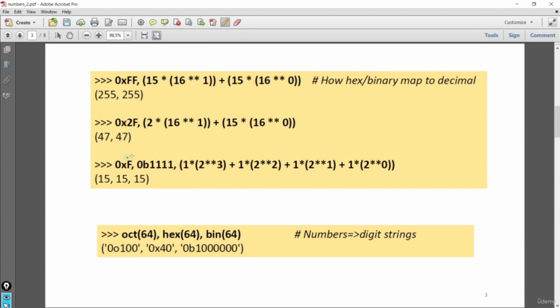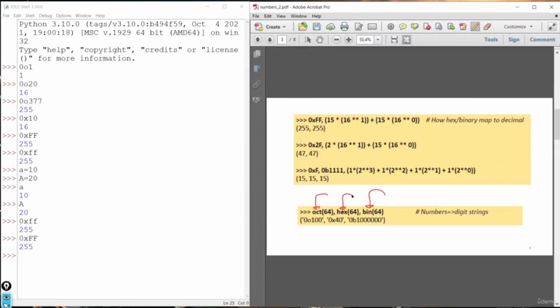So all these expressions give us 15. Octal, hexadecimal or binary equivalents of numbers can also be obtained using octal, hexadecimal and binary functions. So this is a conversion method.